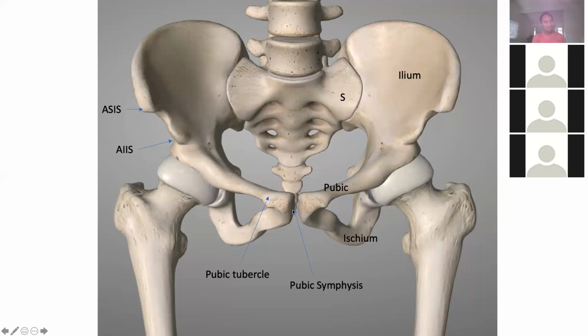Pubic bone, pubic symphysis, you should be able to feel it. Ischium is a bony bump in the buttock where you are sitting on it. And I want you to appreciate this little pubic tubercle, which is just slightly off from the pubic symphysis. It's a little bony bump. That is what we call the pubic tubercle, because the pubic tubercle is going to give a few muscle attachments.